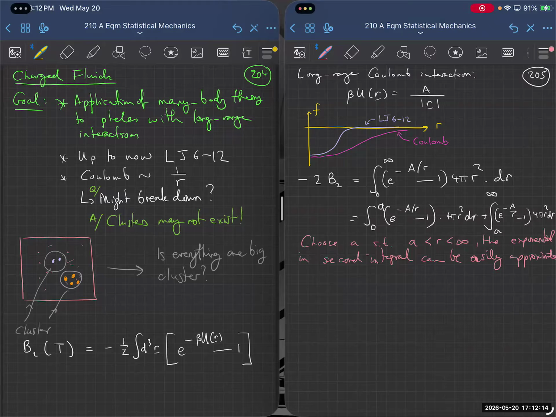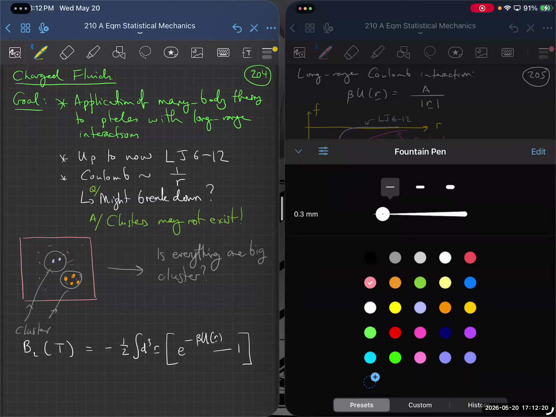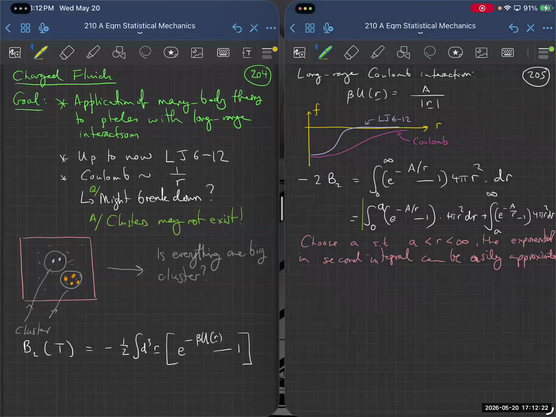There's no scale in this problem, so I can choose a to be anything I like. So this is an exact statement. The point I'm making, though, is that this term over here is finite. It's just some number.